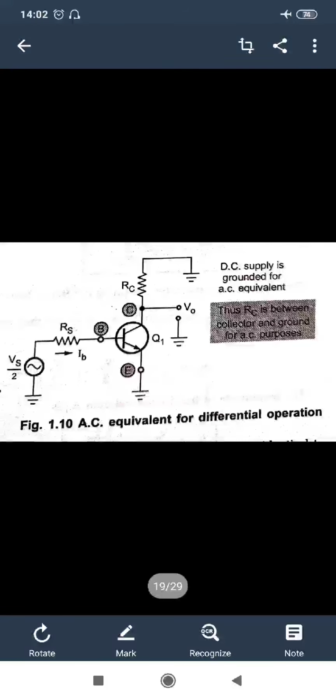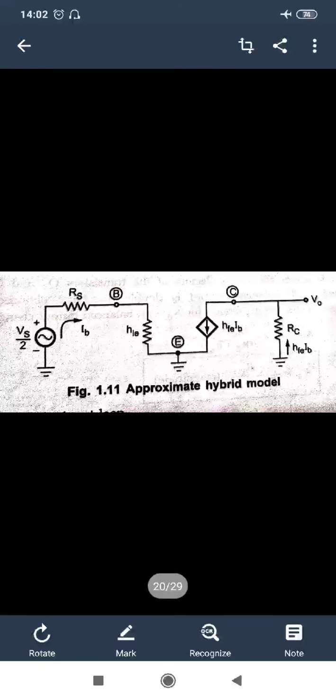Next, when we calculate its AC equivalent circuit in differential conditions, we put the half mode transistor configuration, where we provide Vs by 2 as our input, and in this case the emitter resistance RE vanishes. So we convert the AC equivalent circuit into the half mode circuit of the transistor: Vs by 2, series resistance Rs, HIE, HFE IB, and output across RC.